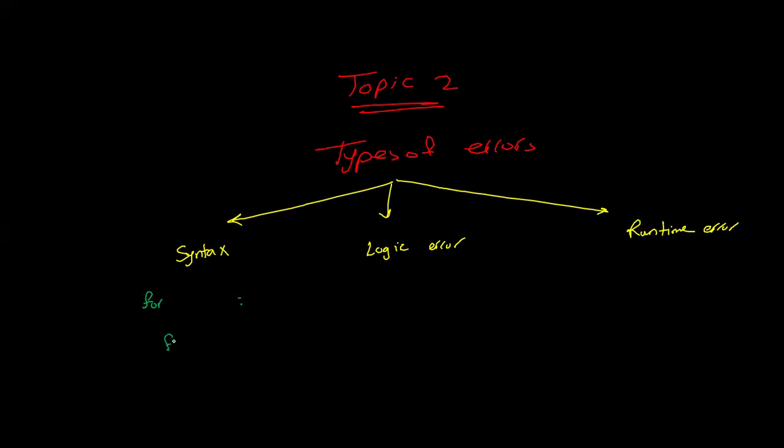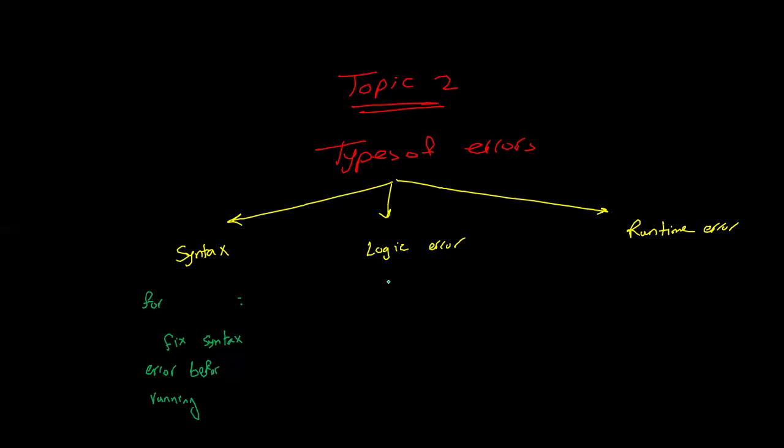You have to fix syntax errors before running. So when you write the code, if you have any syntax error, you have to check the errors and then run the program so it will work.